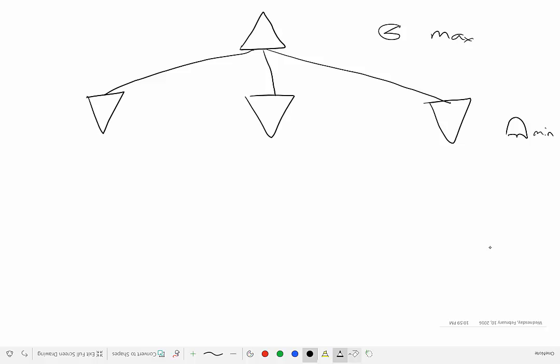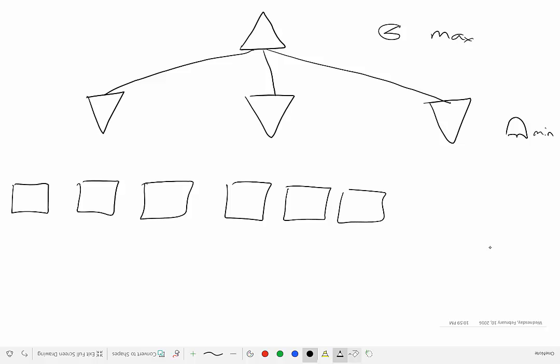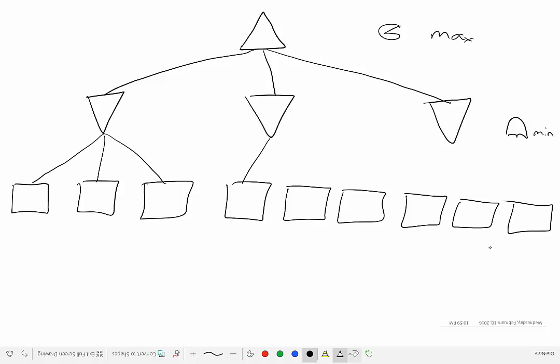And then let's say that the game ends after that, and there's some terminal values that the game can take on. So the game could go on longer, or these could actually be the scores from searching longer, but let's just say that these are the scores.